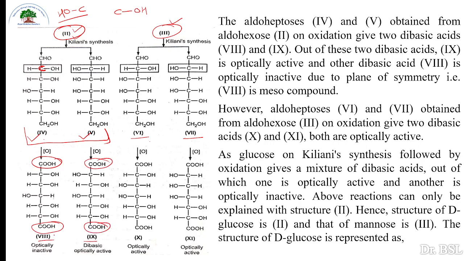From the second structure we got 4th and 5th, and from 4th and 5th we got 8th and 9th. Out of these two dibasic acids, ninth is optically active and the other, eighth, is optically inactive.